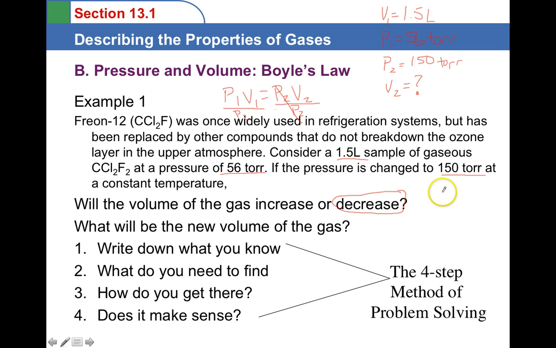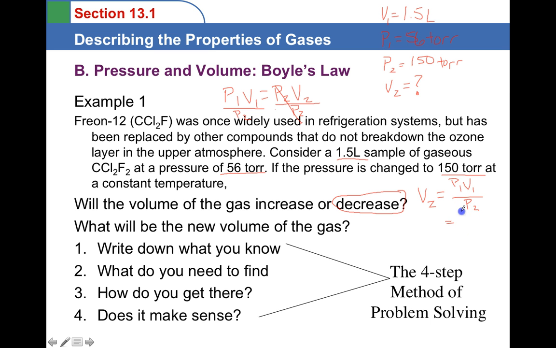So over here, so it's easier to see, I'll write my formula. V2 is equal to P1 times V1 divided by P2. And now all I need to do is plug and chug.